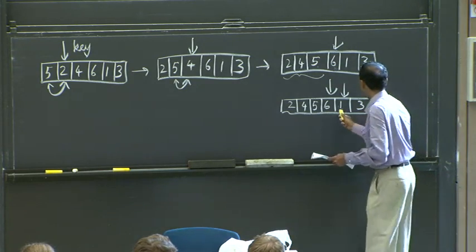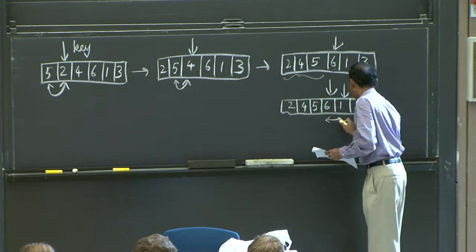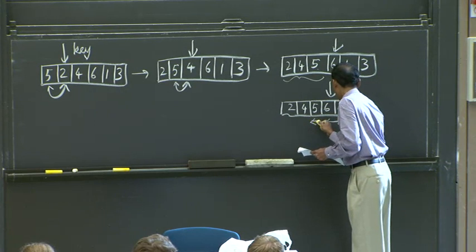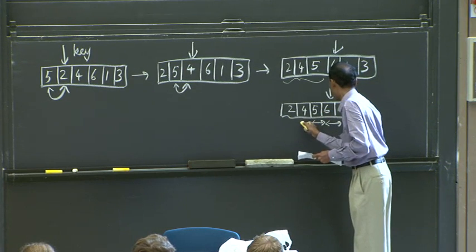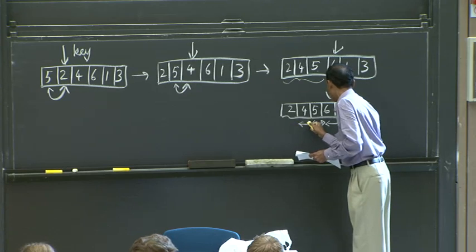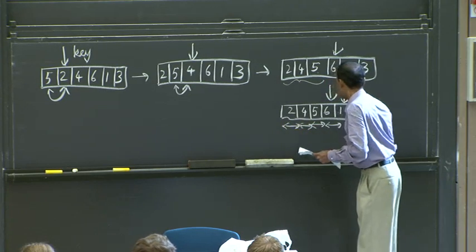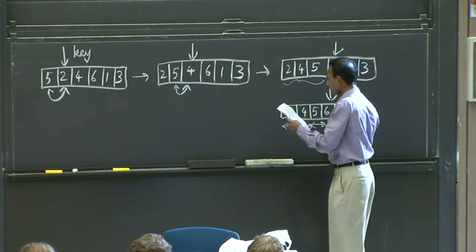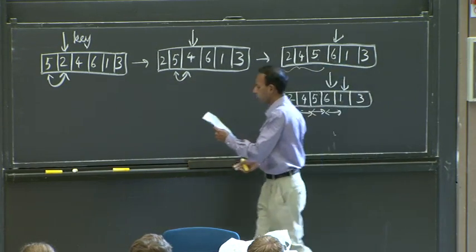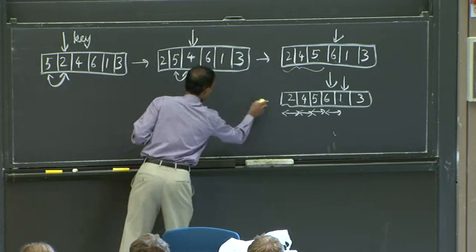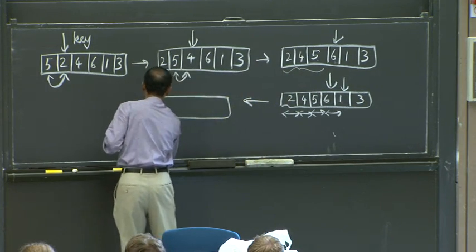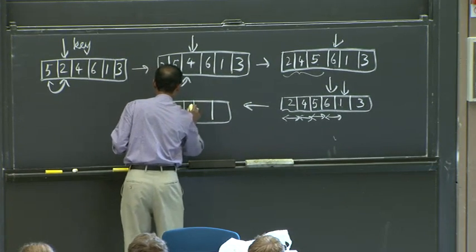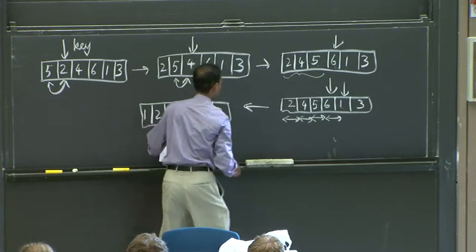So you're going to have to swap first 1 and 6, and then 1 is over here, so you'll swap this position and that position, and then you'll swap, essentially doing 4 swaps to get to the point where you have 1, 2, 4, 5, 6, 3. So this is the result: 1, 2, 4, 5, 6, 3.